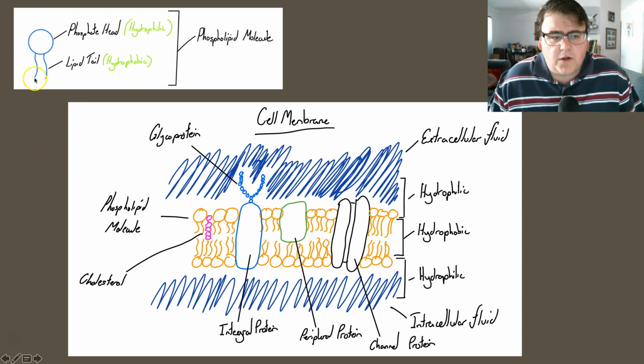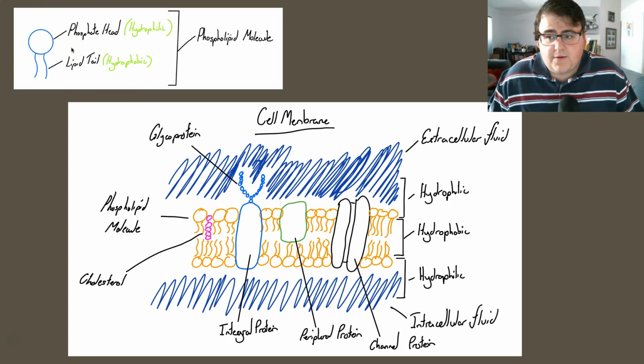So when we get a whole lot of these phospholipid molecules and we put them in a water environment, they arrange themselves so that all the phosphate heads are attached to water, whereas all our lipid tails are desperately trying to get away from water, so they're on the inside of those molecules.